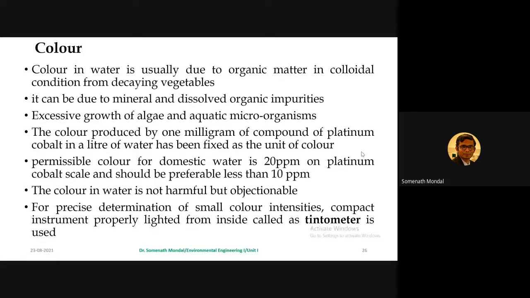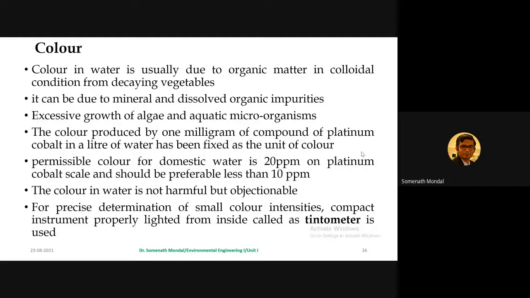Now, apart from the Nessler tubes which I have told you about, if we want to determine precisely small color intensities within a compact instrument properly lighted from inside, then we can take help from the tintometer. This tintometer is generally used to determine the color.